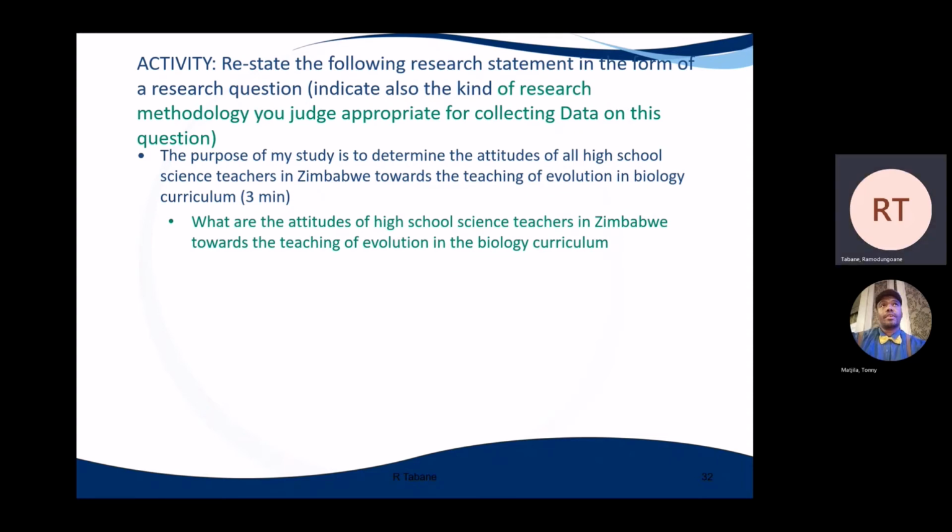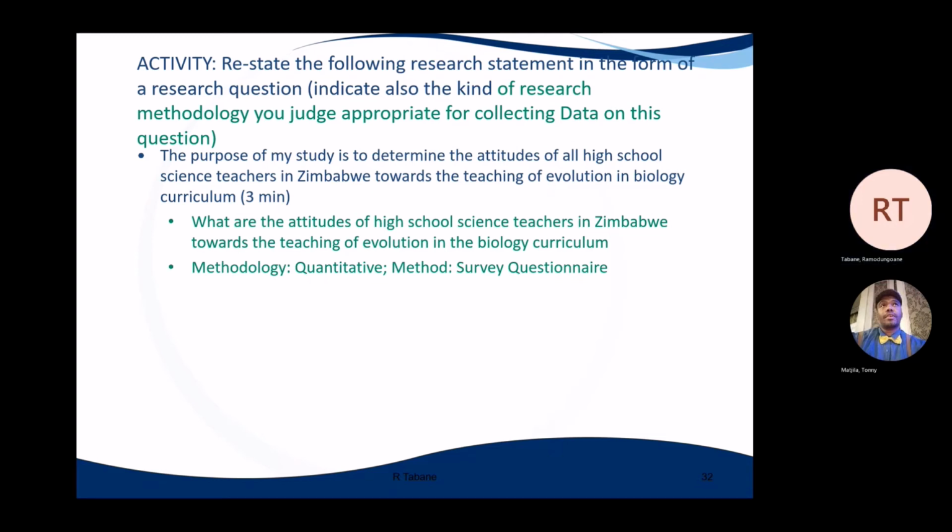Because that affects the methodology. The methodology of that purpose statement indicates a quantitative method. And I'm going to be using a survey questionnaire because I'm talking about all high school science teachers. If I leave it at the level of that wrong question that I crafted, it actually speaks to qualitative, not quantitative anymore, because the high school science teachers can be 2 in Zimbabwe, can be 3.